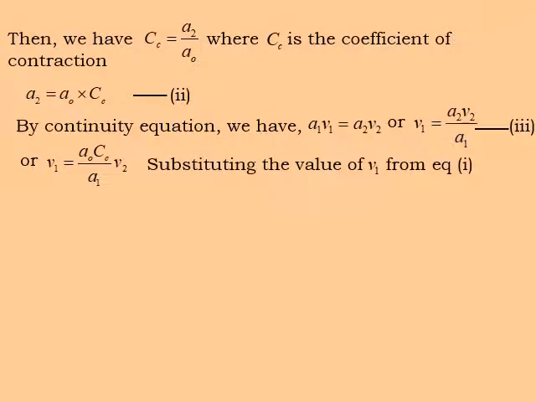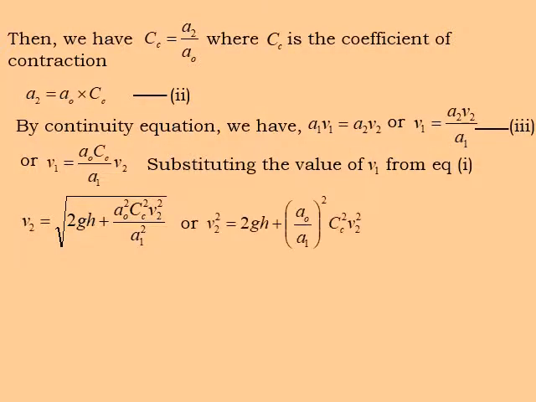Now substituting the value of V1 from equation number 3 in equation number 1, V2 is equal to square root of 2gH plus A0 square Cc square V2 square by A1 square, or V2 square is equal to 2gH plus A0 by A1 whole square into Cc square into V2 square.